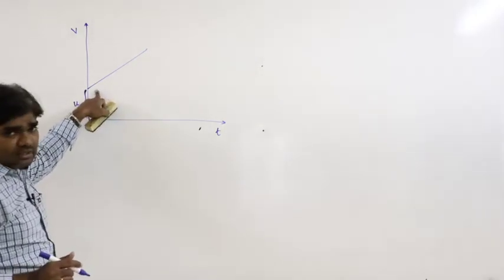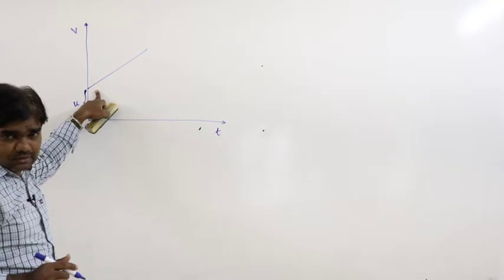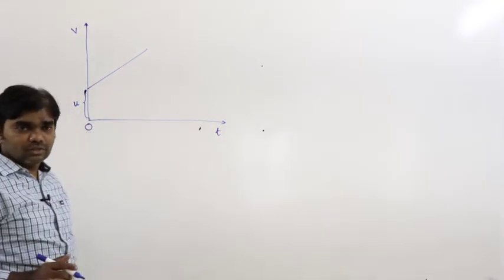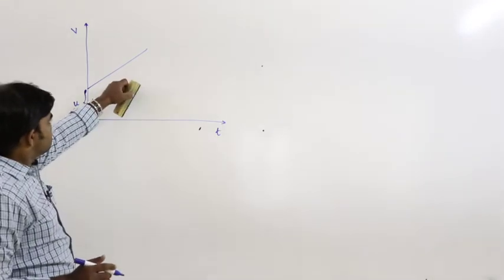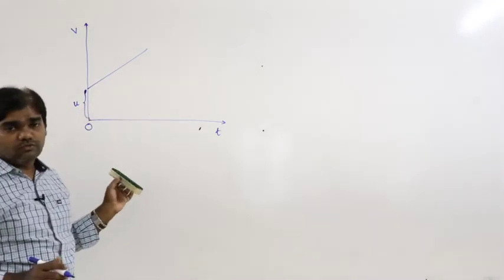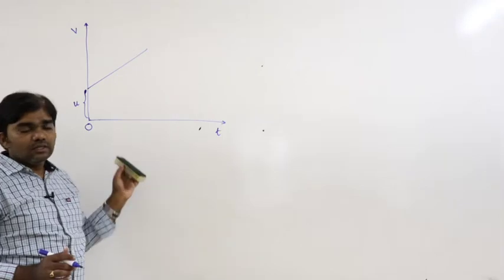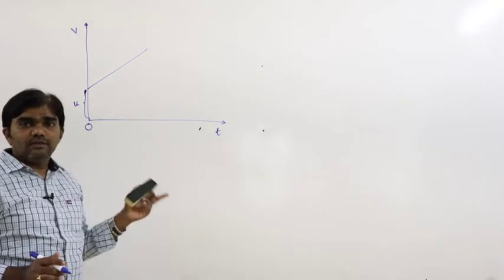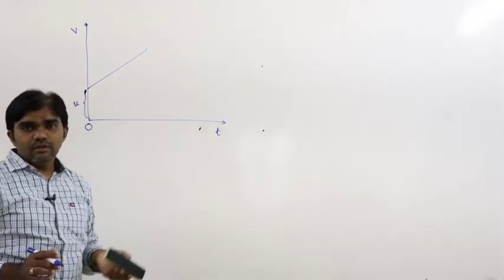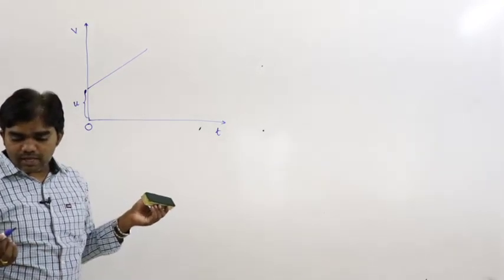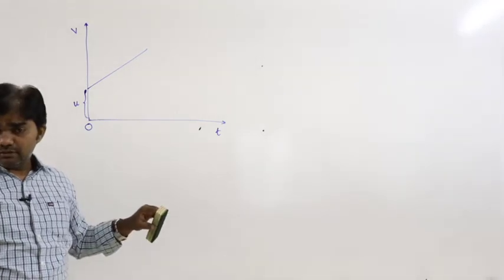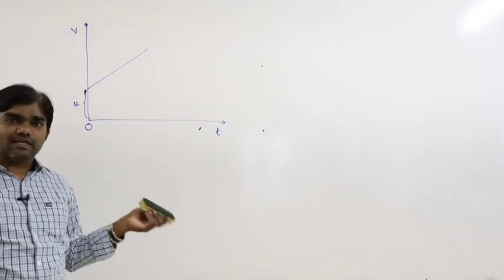This is the shape of the graph. So in this situation we can calculate displacement and acceleration. How can you calculate them? Area gives displacement, slope gives acceleration.